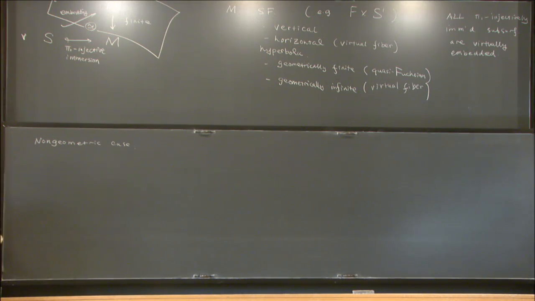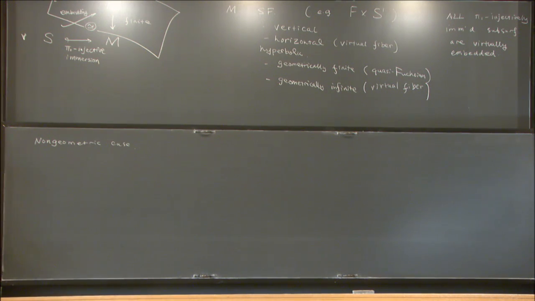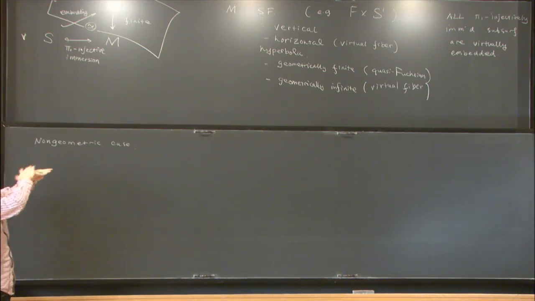And so if we look at the non-geometric case, the real question is, since I can lift the surface piecewise to be embedded, whether or not I can match them successfully along the JSJ tori so that in the end I actually still get an embedded surface.